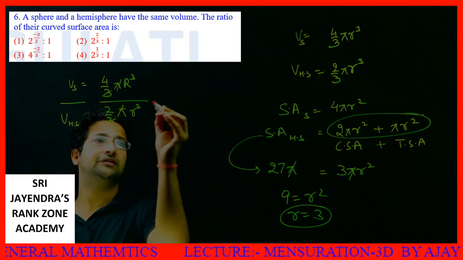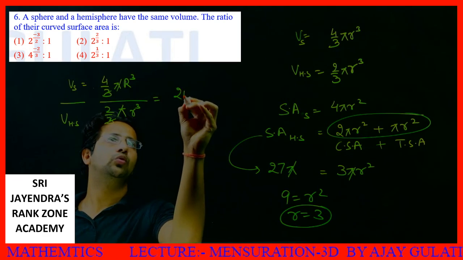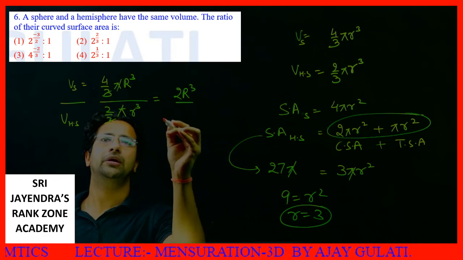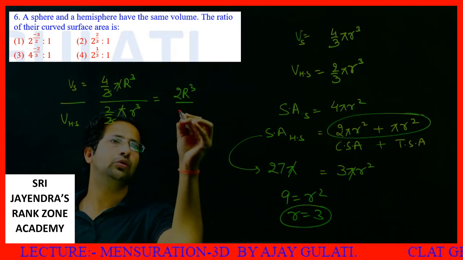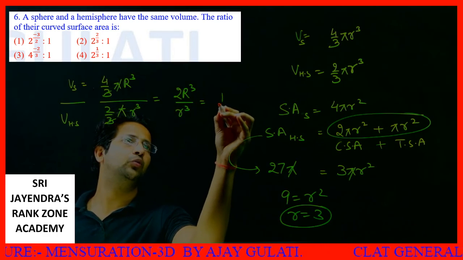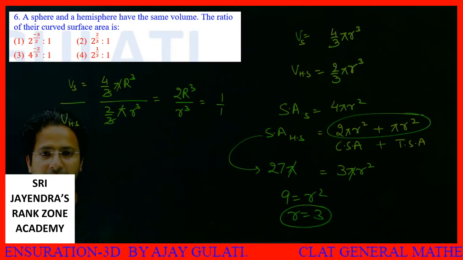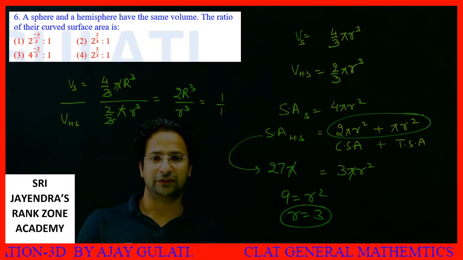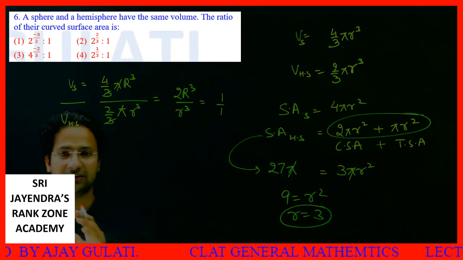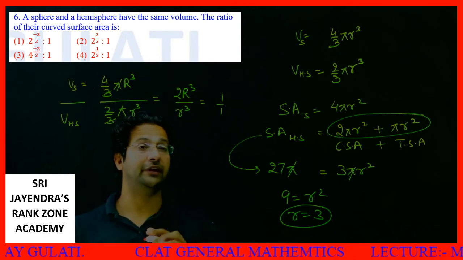What I'm left with is 2 r cube upon R cube, with 4 cancelling with 2, is equal to 1:1. The ratio of their curved surface area is a bit typical and calculative question, so be very careful.